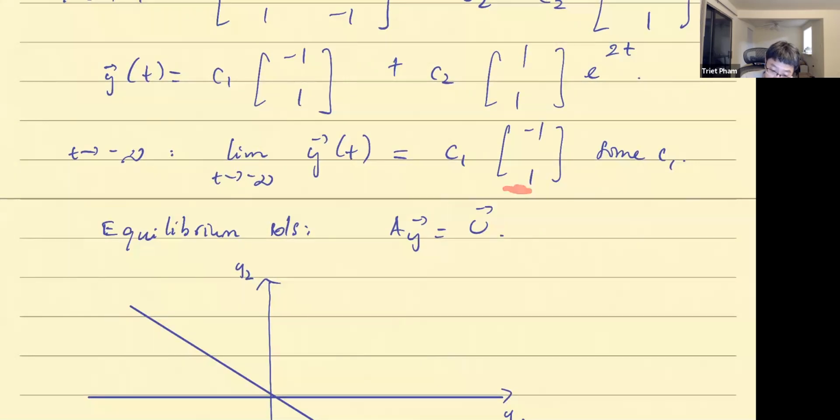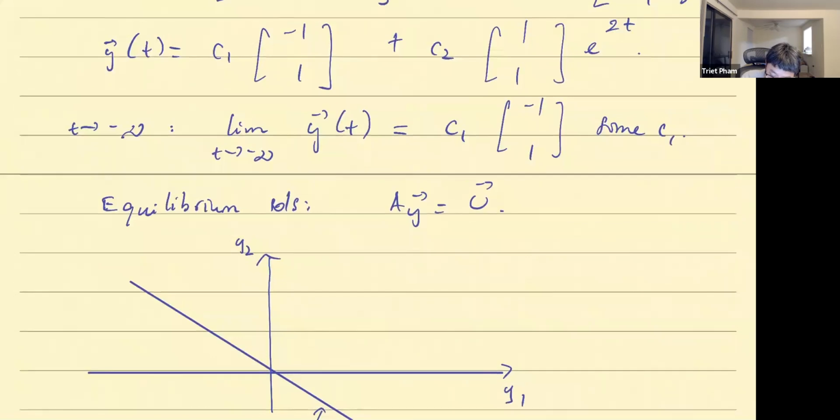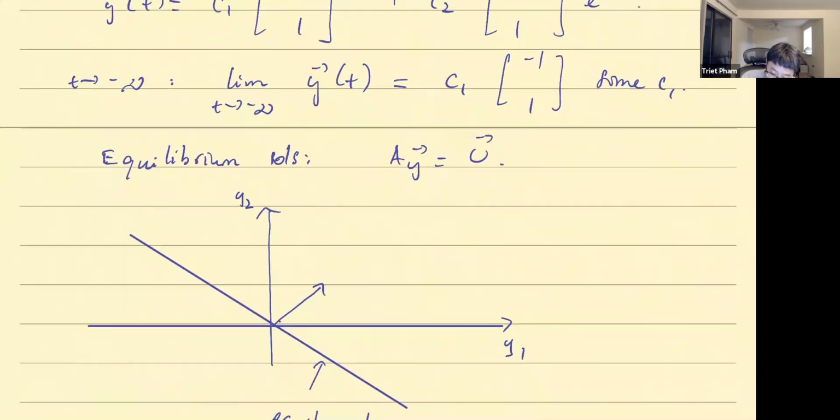and goes out. So the 1, 1 is this direction, right? So you have basically solutions that go out from here. Like this.